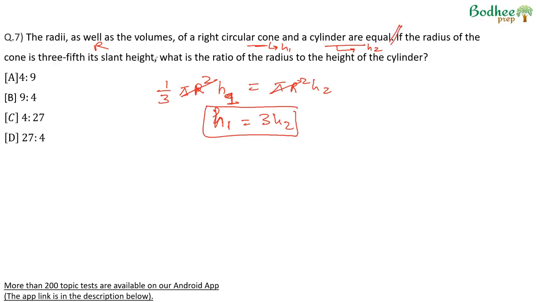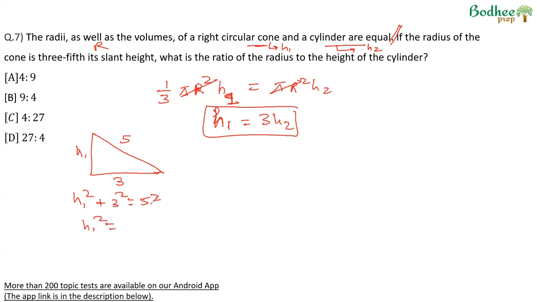If the radius of the cone is 3/5 of its slant height, what is the ratio of the radius to the height of the cylinder? Radius of the cone is 3/5 of its slant height. Suppose we say that the slant height is 5, that means the radius is 3, which means the height h1 will satisfy h1 square plus 3 square is equal to 5 square, because height, radius and slant height of a cone form a right angle triangle.